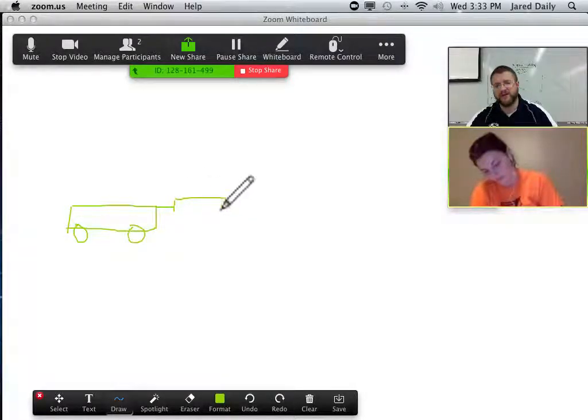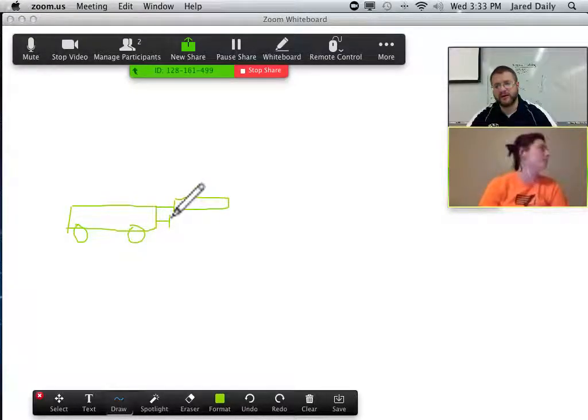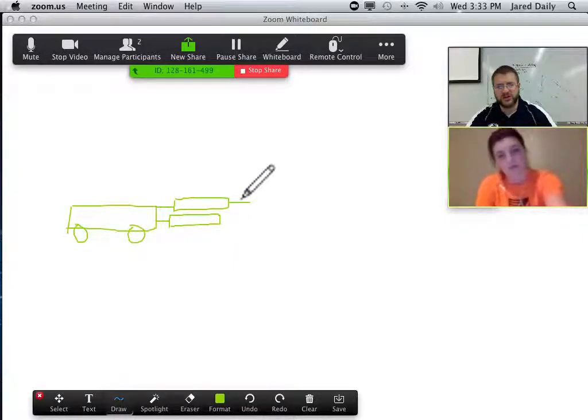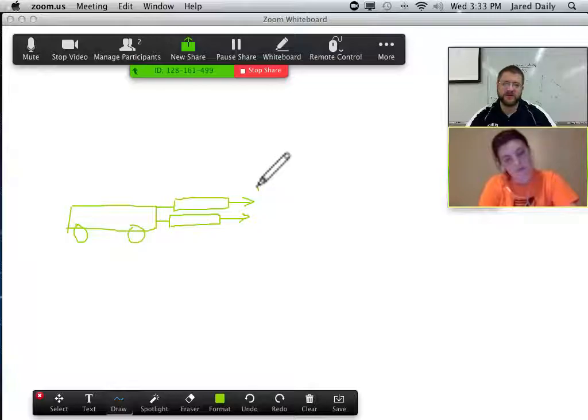This is number 12 on the lab that I'm answering a question about. And you're pulling with two spring scales. We're pulling with an equal force on each. So half of the force is on one, half of the force is on the other. So this is going to be force over 2, and this is force over 2.